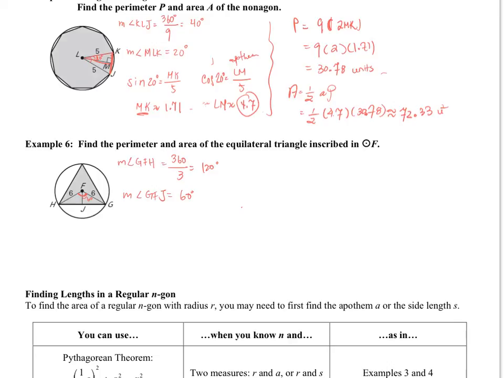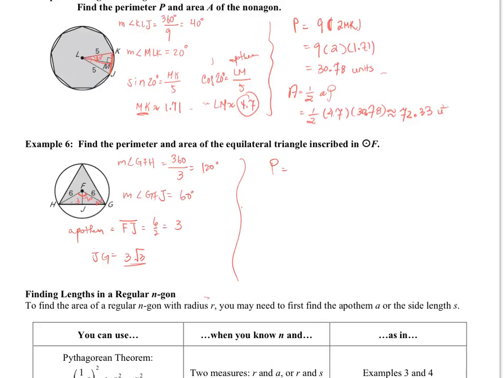So this forms a 30, 60, 90 triangle. And I could take 6 and divide by 2 to get 3. So FJ, which is the apothem, would be equal to 3. And then 3 times JG would be equal to 3 times square root of 3. So now I'm ready to find the perimeter.